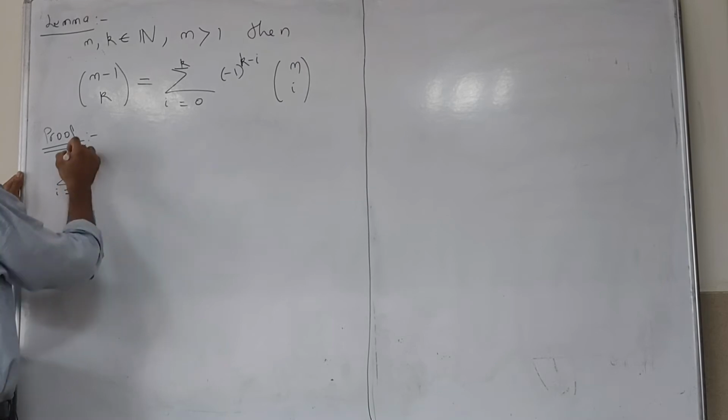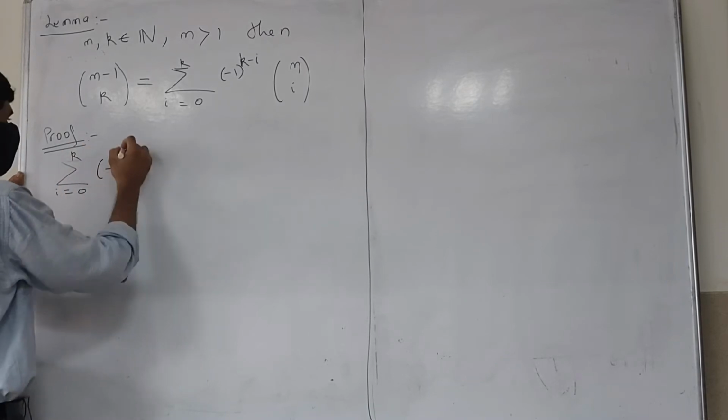I going from 0 to k, minus 1 raised to k minus i.